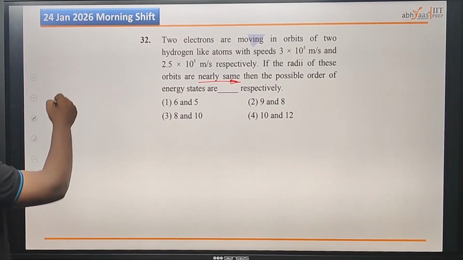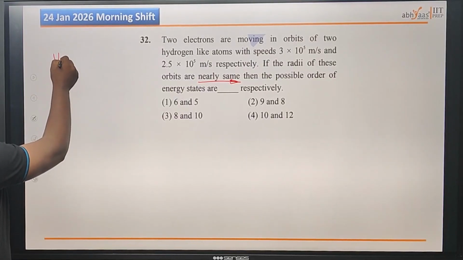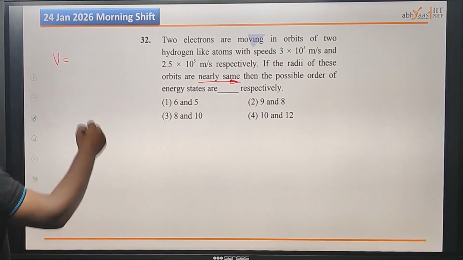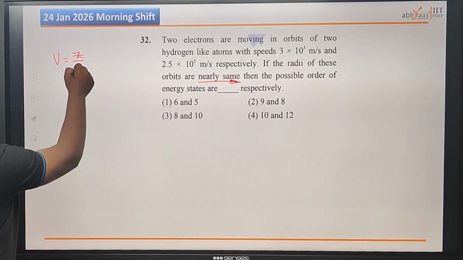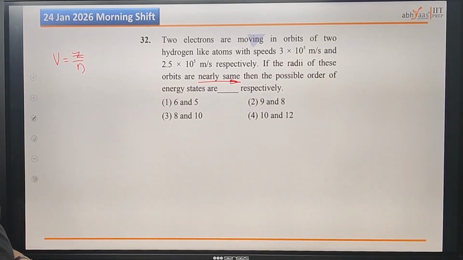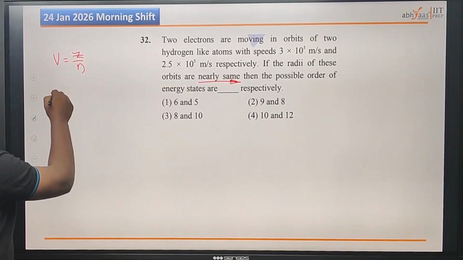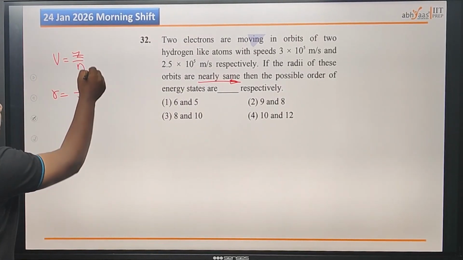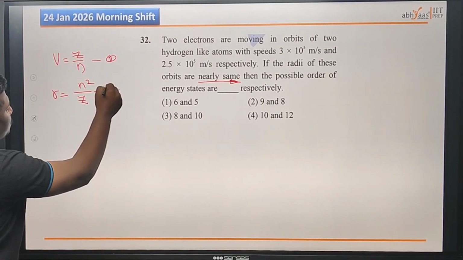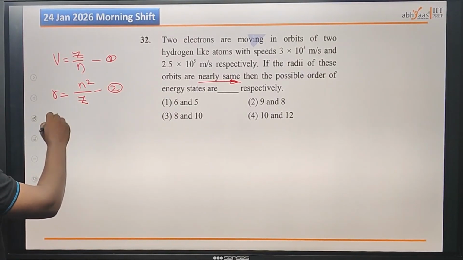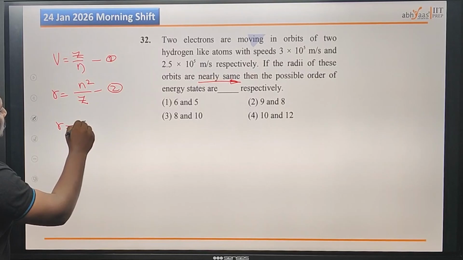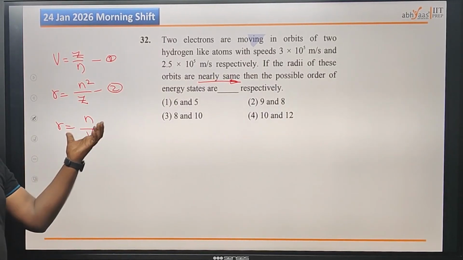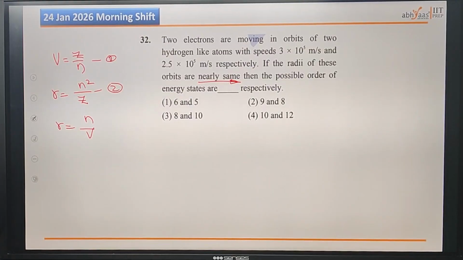So we know that the velocity of an electron revolving around an orbit is nothing but Z by n. So the radius is nothing but n square by Z. From equation 1 and 2, you can simply write r equal to n by v.